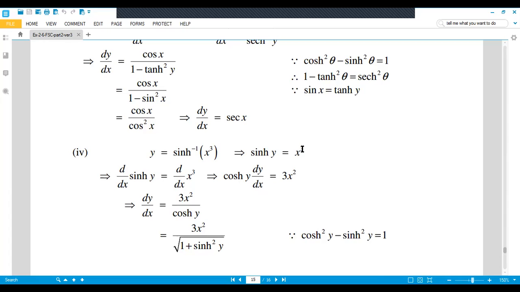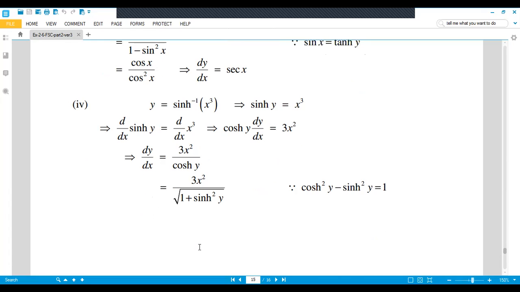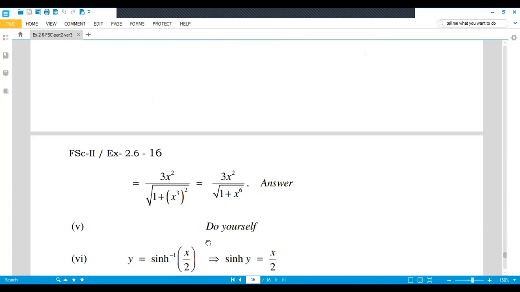And for the derivative of x cube, the power will come as a coefficient, and from the power you subtract 1, so you get 3x square. Here dy by dx, cosh y is divided here, and cosh y is equal to the square root of 1 plus sinh square y, and sinh y is equal to x cube. So x cube square will be power 6.